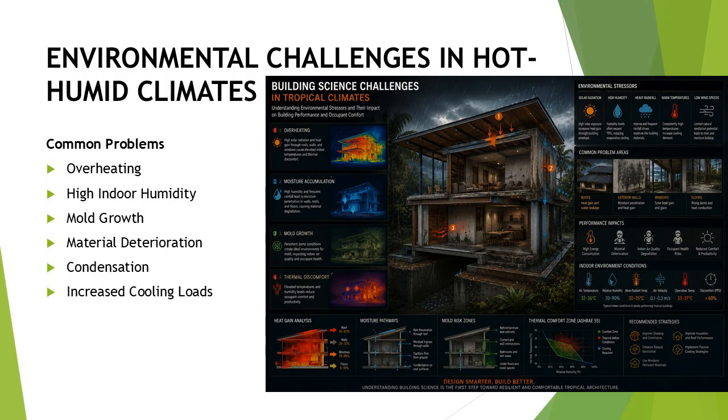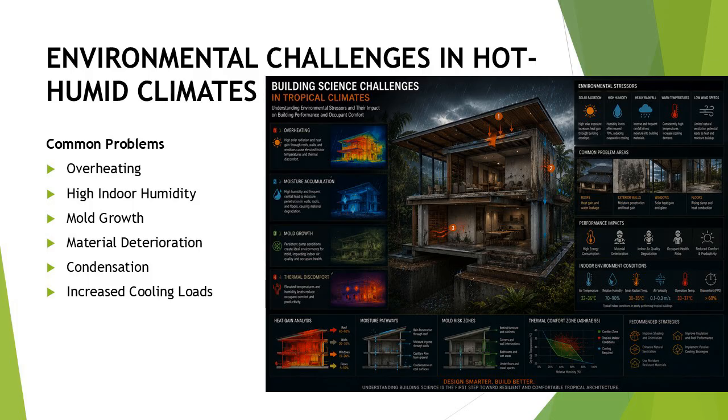Hot, humid climates present several environmental challenges. The first challenge is heat. Excessive heat gain creates discomfort and increases cooling demand. The second challenge is humidity. High humidity reduces the effectiveness of natural cooling mechanisms within the human body. The third challenge is moisture.